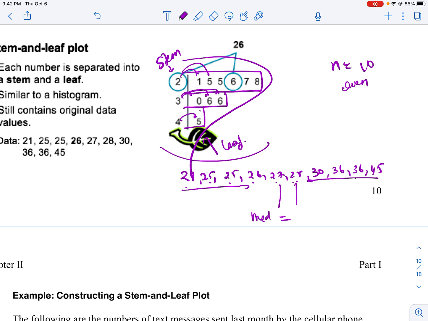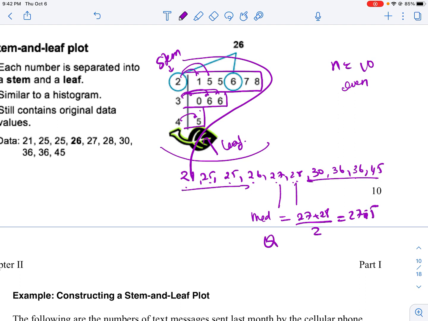You can quickly also get your Q1, Q2, and Q3 from there as well. Let me quickly do that using my calculator. So my median is going to be 27.5.